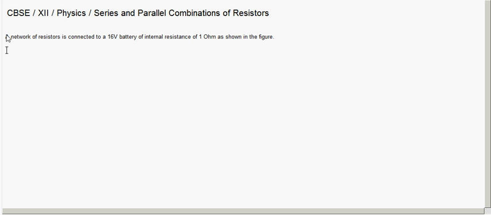Compute the equivalent resistance of the network.